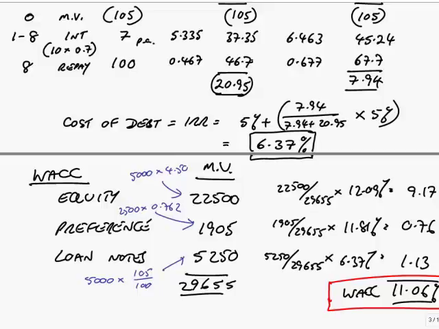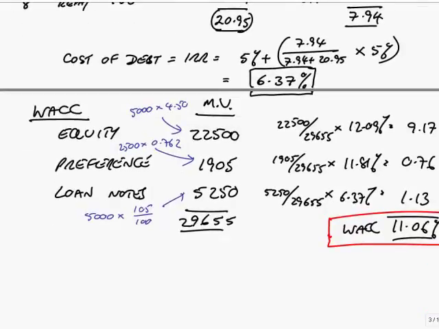The weighted average: I've shown my workings, so I shouldn't need to talk, but check me. The total market values of the equity, the preference, the loan notes. Once you've got the market values, any mistake there is just careless.